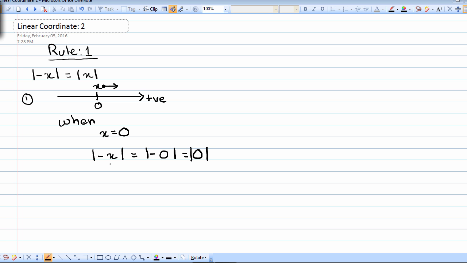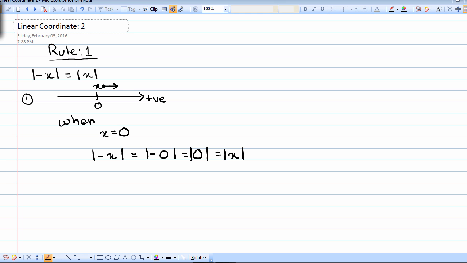Just like we have said that the absolute value of negative x renders something similar to x, when we apply 0 to the absolute value of negative x, or we replace this variable x with a constant coordinate which is 0, we see that 0 does not have any sort of symbol, we can remove that symbol and we get the absolute value of 0.